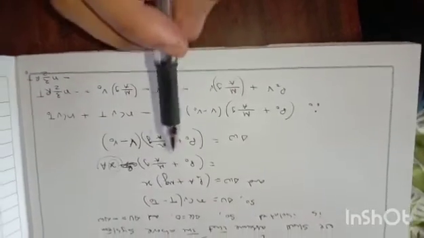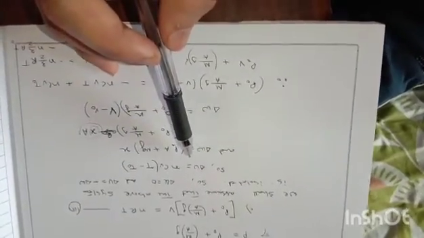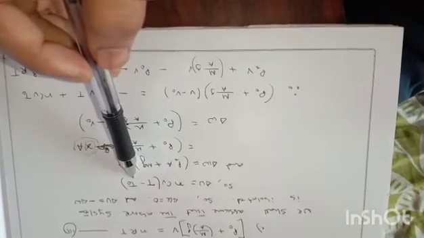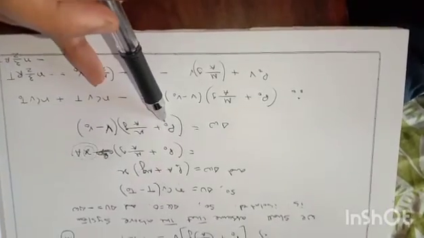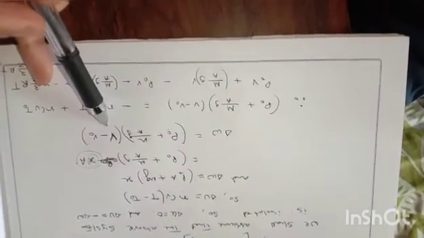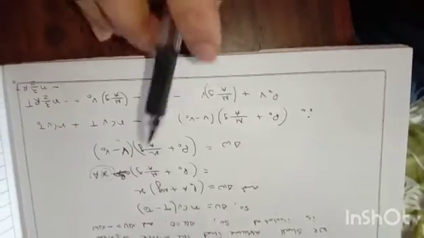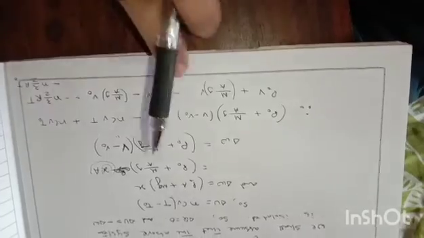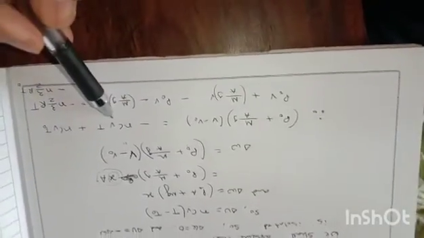So now we have the equation for internal energy, and we have the equation for work done. Now we shall equate both the sides, and here's an important thing.